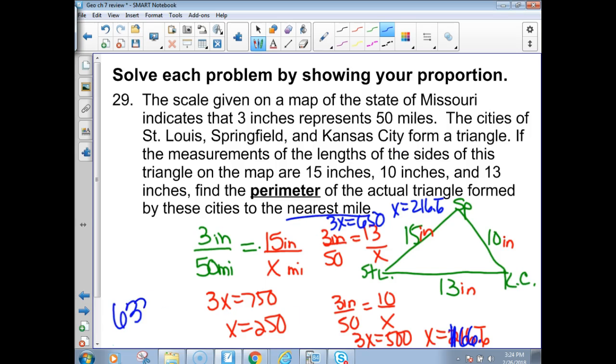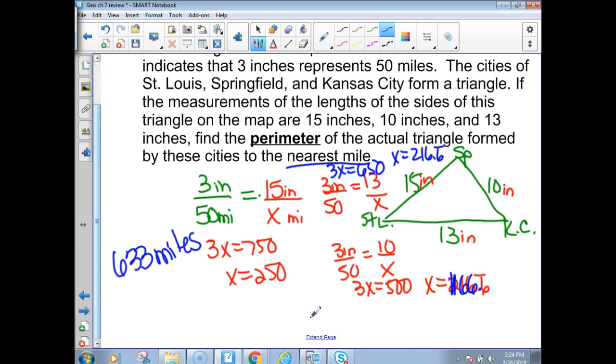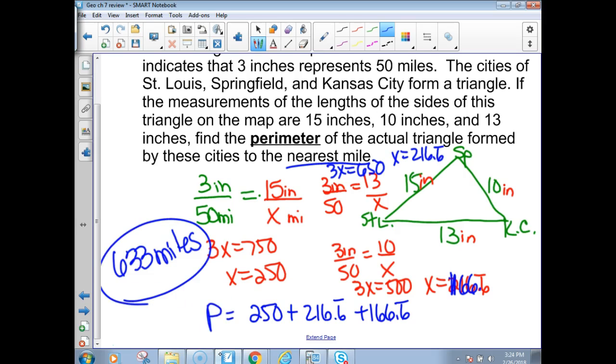So 633 miles. All I did was take 250 plus 216.6 plus 166.6. So all you really needed is one setup and realize that you're going to trade out 15, then 10, and then 13. Get those answers and add them up.